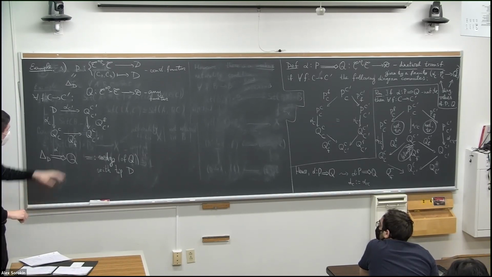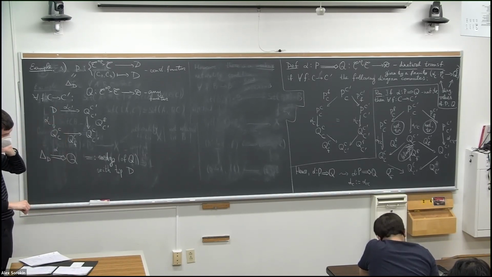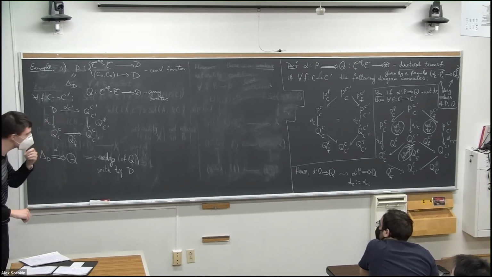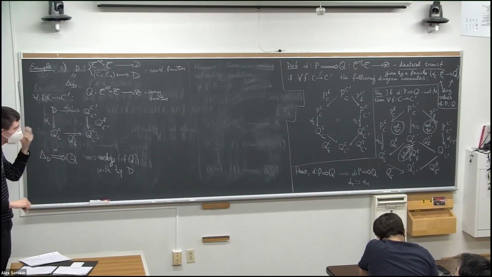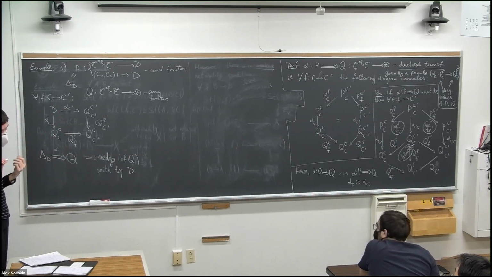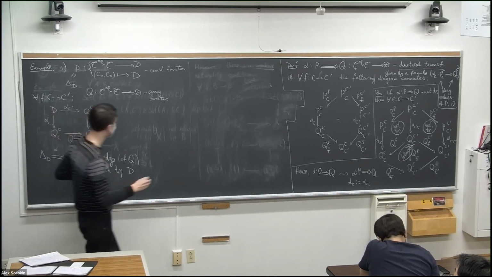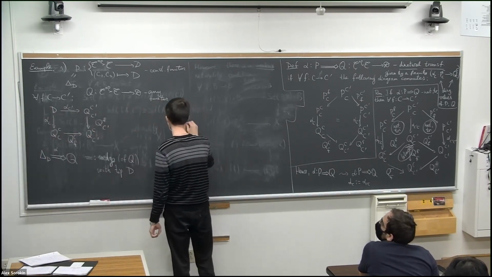So this is a wedge. Between wedges, there is a relation. So we can compare two wedges, right? If I have a wedge here D, I can have another wedge D prime.